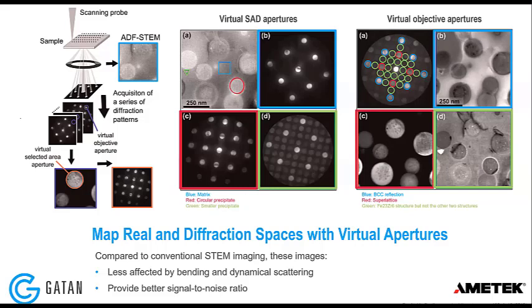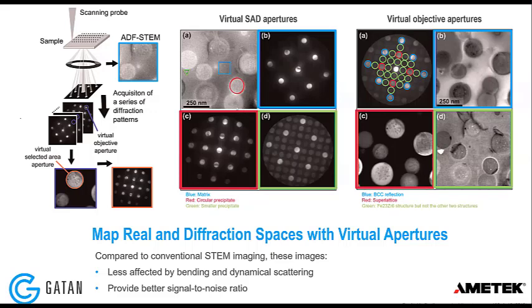And then you also don't have to spend a lot of time on the microscope thinking what kind of conditions you need to use to be able to extract the information that you want from your sample. You just collect one 4D STEM data set, and then you go and process it offline.